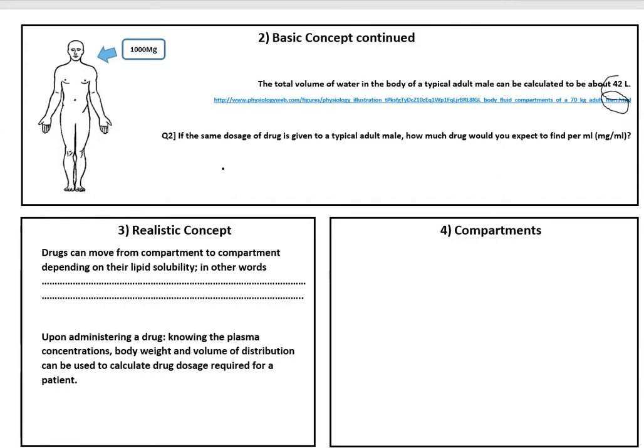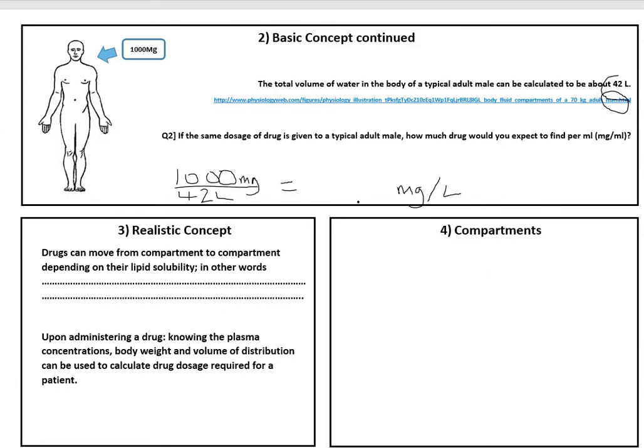Okay, so if you apply the same sort of maths to it, if we have 1,000 milligrams divided into 42 litres, you get an answer which is milligrams per litre.